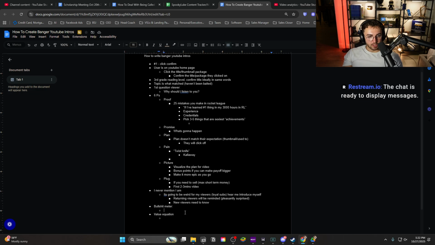So the last thing to be thinking about is the BS meter. If you get really good at this, you will start making promises that feel too good to be true. It's good to make a promise that feels too good to be true as long as you can deliver. That's okay. But I am also almost a little apprehensive.